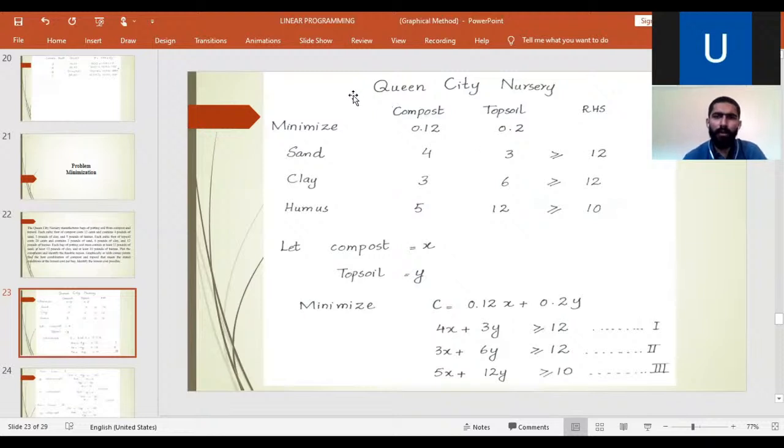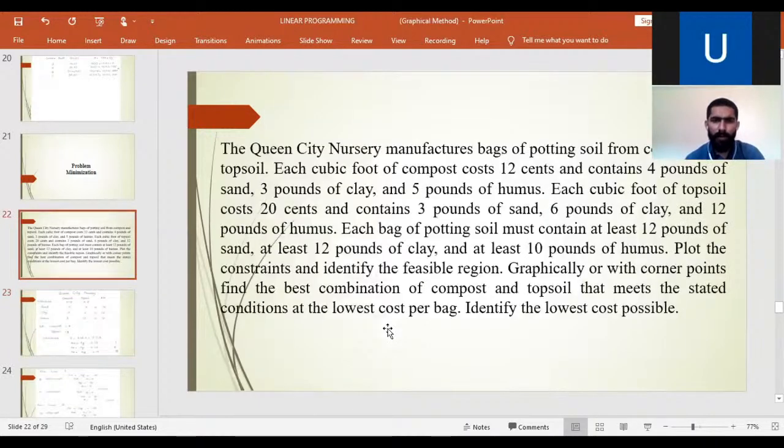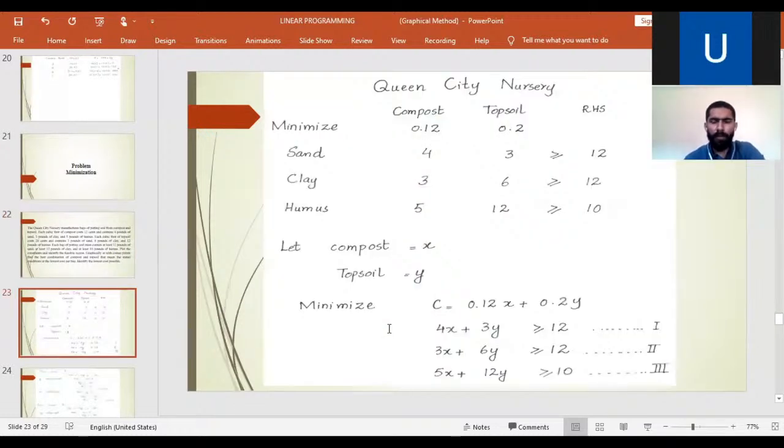Changing all these inequalities into equalities, we have to find the best combination, and we have a cost equation which is C is equal to 0.12x plus 0.2y.